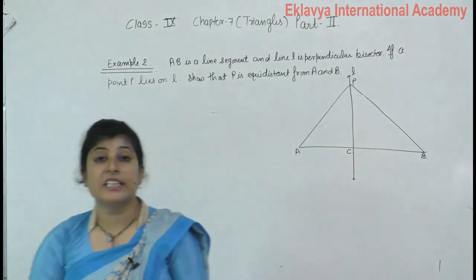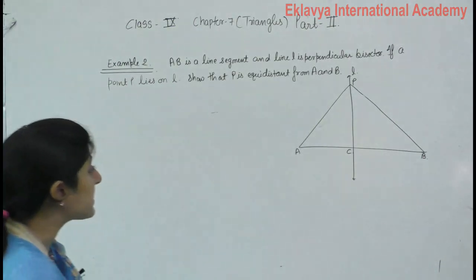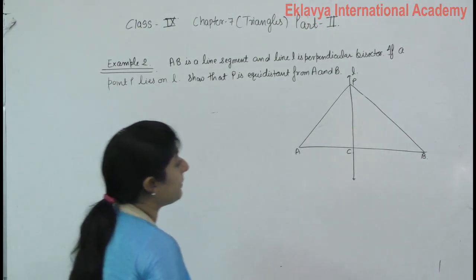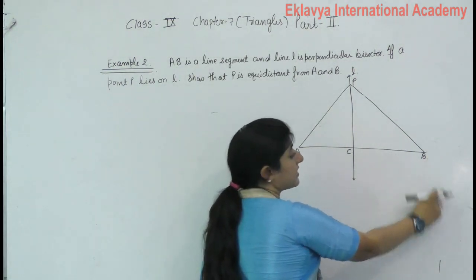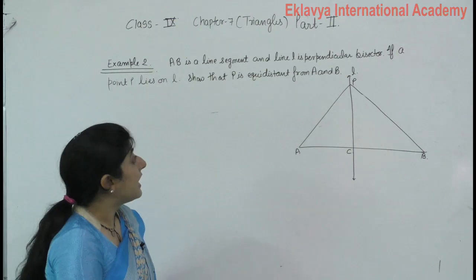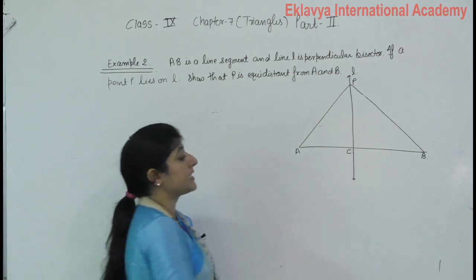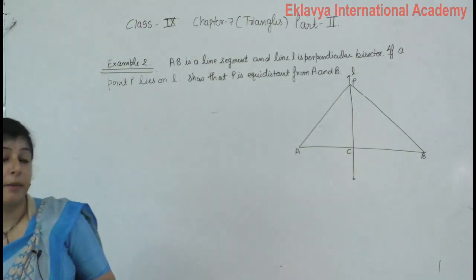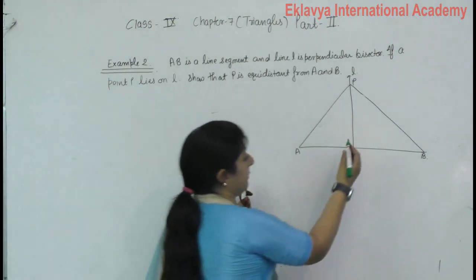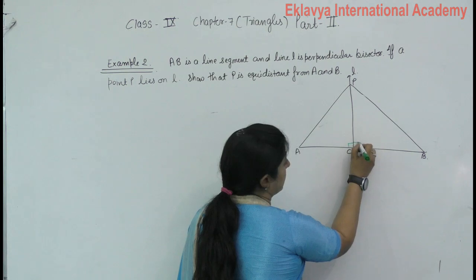Now see, we take another example based on the SAS axiom. AB is a line segment. It is given to you. Line L is the perpendicular bisector. What is the meaning of perpendicular bisector? Perpendicular means it makes a 90-degree angle here.